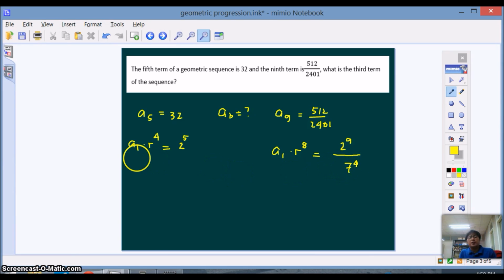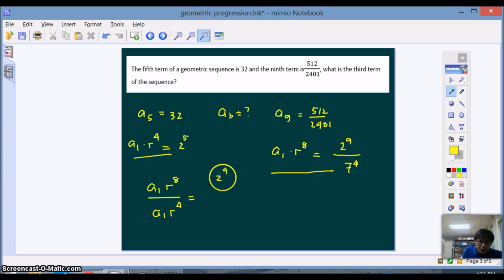Okay, now here we have this and this. So when we divide a1r to the 8th over a1r to the 4th, that will be equal to quantity 2 to the 9 over 7 to the 4th all over 2 to the 5th. So if we simplify this, notice that you have 2 to the 9 in the numerator and 2 to the 5th here.